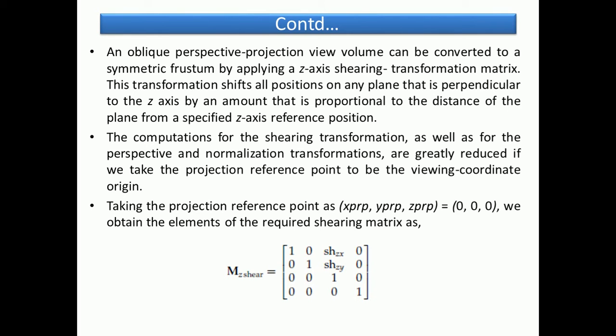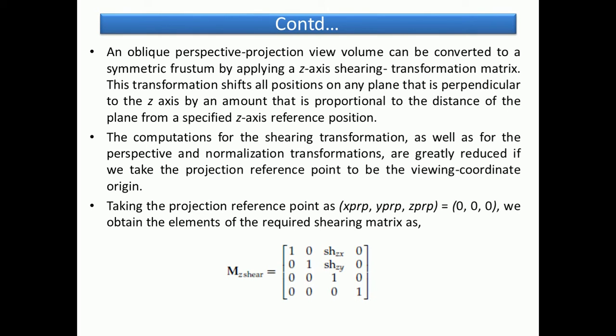The computations for shearing transformations, as well as for the perspective and normalization transformations, are greatly reduced if you take the projection reference point to be the viewing coordinate origin. We could do this with no loss of generality by translating all the coordinate positions in the scene so that our selected projection reference point is shifted to the coordinate origin.